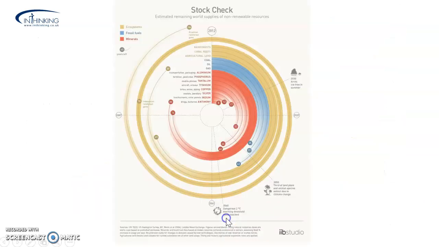The next graphic I want to look at is this StockTech graphic, a brilliant timeline of these finite resources. You can see that the ecosystems are more resilient, and they go around the circle. They take us up to here, look, Brazilian rainforest, 196 years. If we just stop and think, 196 years left of tropical rainforest is incredibly worrying.